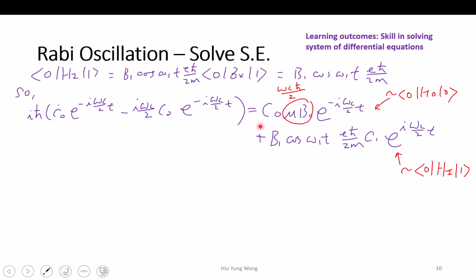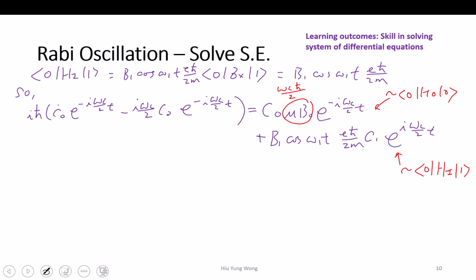So now you compare this term with this term. This one goes i times i, negative 1, positive 1. And then this is just ħω_L divided by 2 times C0 times this term. This is also C0 ħω_L divided by 2 times the whole thing. So these two terms got cancelled.